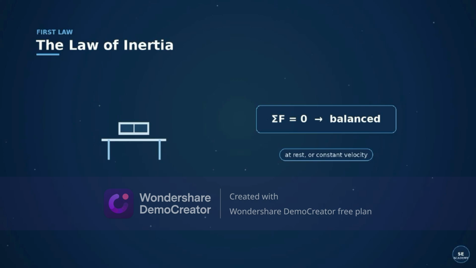When a body is at rest or at a constant speed, it will remain at rest or constant velocity, unless an unbalanced force acts on it. That is the first law of motion, which talks about a body being balanced and remaining so until a non-zero net force acts on it.